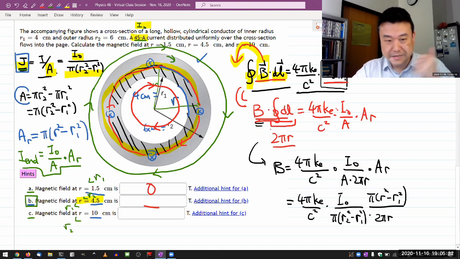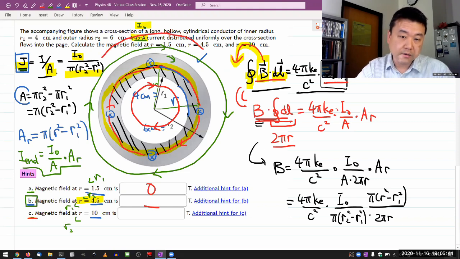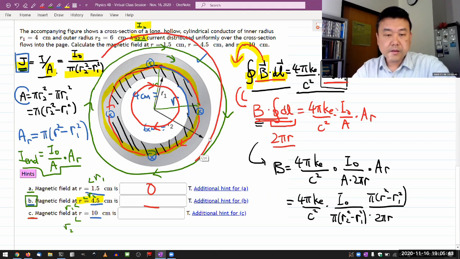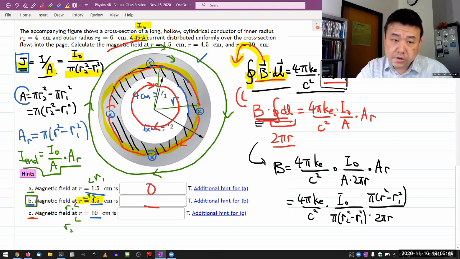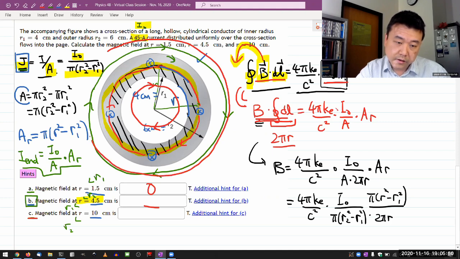So that's simple enough. For part C, well, imagine a loop that's outside both of the conductors. Then you can actually go through the exact same calculation that we did earlier.